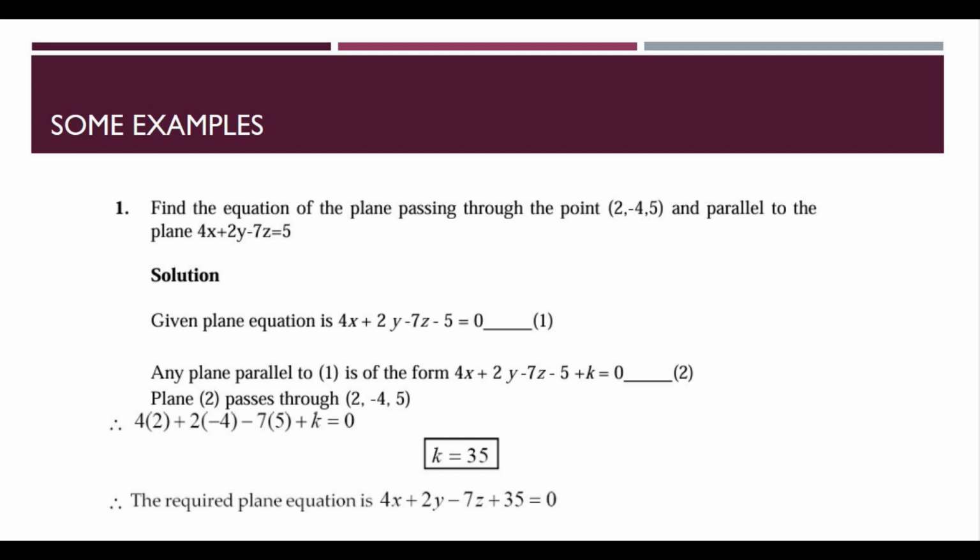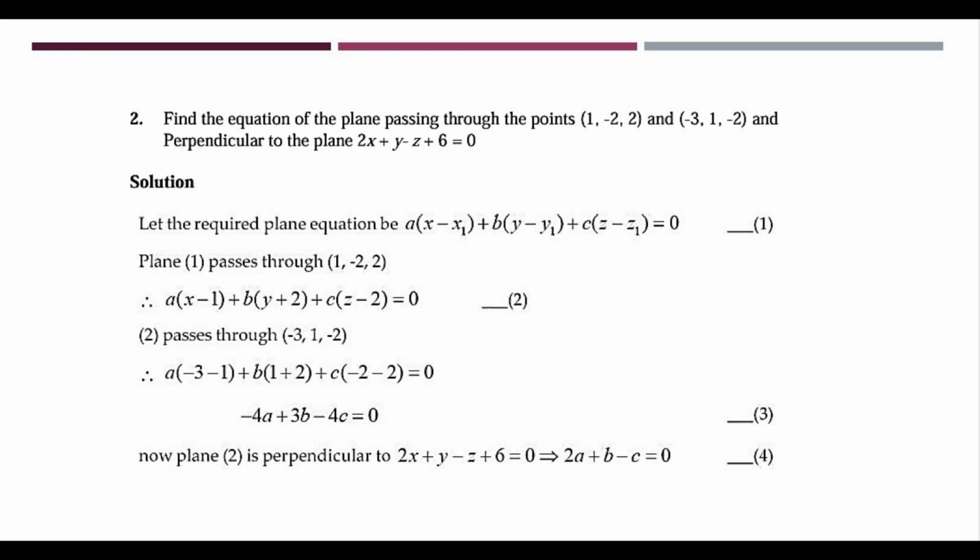Equation 2 passes through the point (2, -4, 5), so we substitute the point in equation number 2. We get the k value as 35. So we substitute the k value. The required plane equation is 4x + 2y - 7z + 35 = 0.